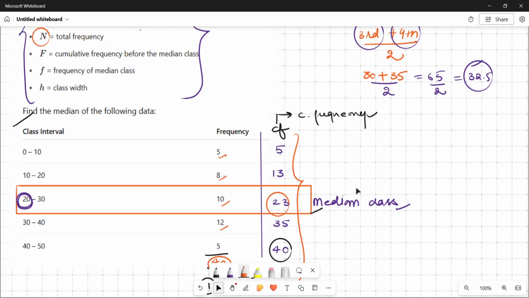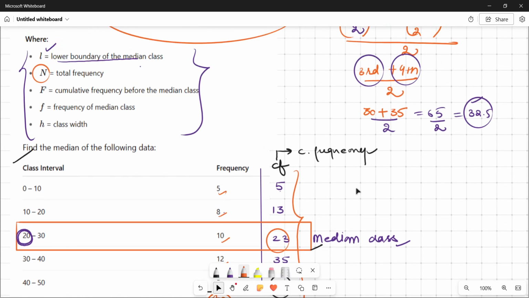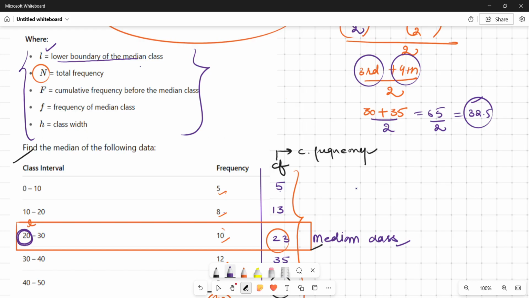The last CF, or the total of frequency, is known as N. And this is L. I will also mark it here. And the frequency of the median class, this is our F part. F stands for the frequency.